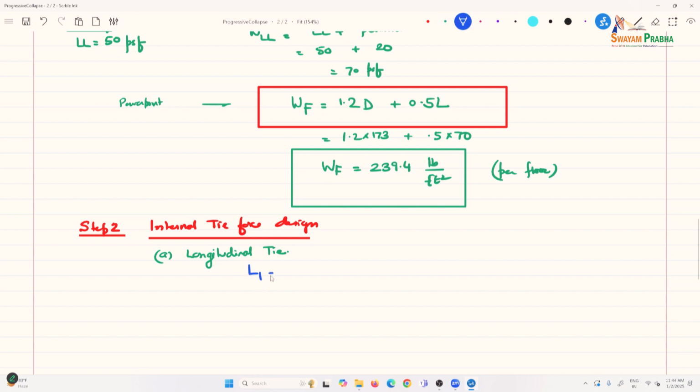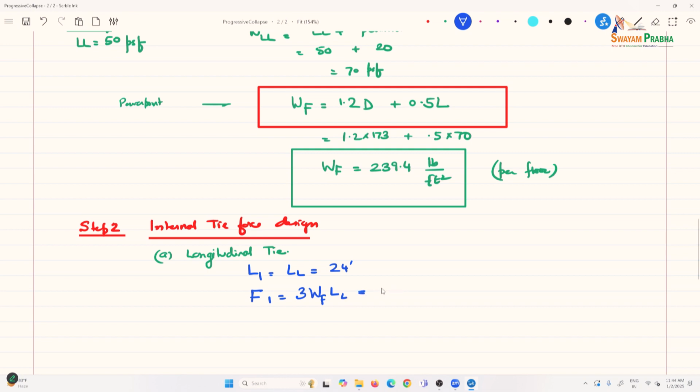So, L1, which is LL, is 24 feet. We have seen LL is 24, and LT is based on the transverse direction. So, the force F1 is given as 3 WF LL.